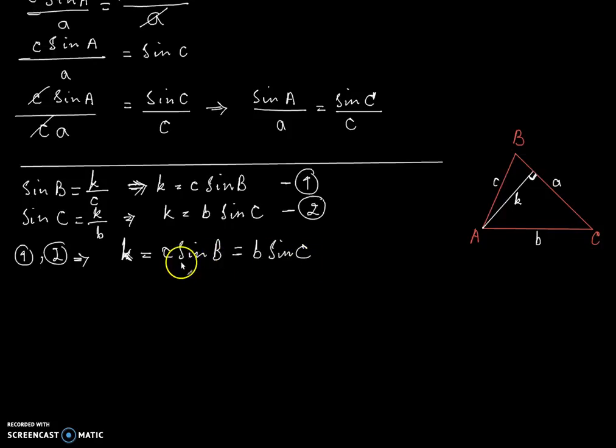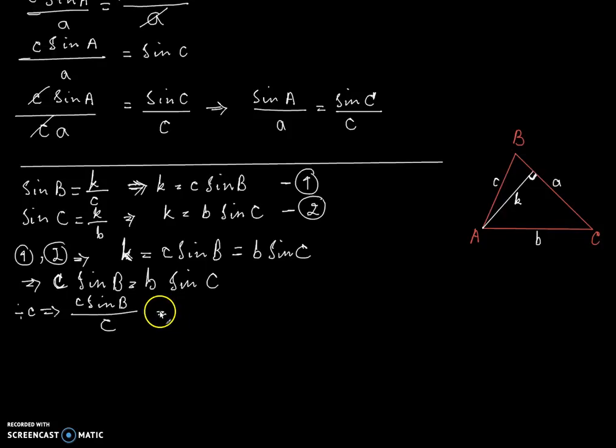So again, you got the same thing. Now this basically means that c sine B is equal to b sine C, and divide everything by c. So c sine B by c is equal to b sine C by c.